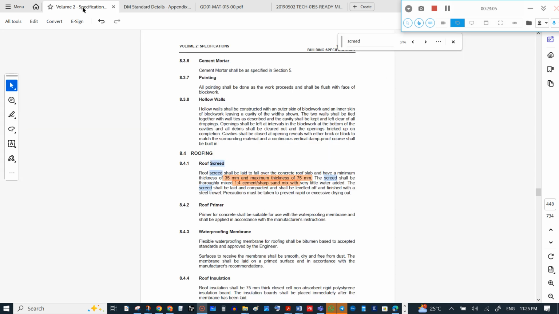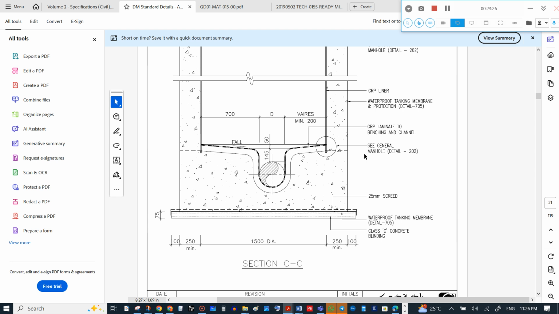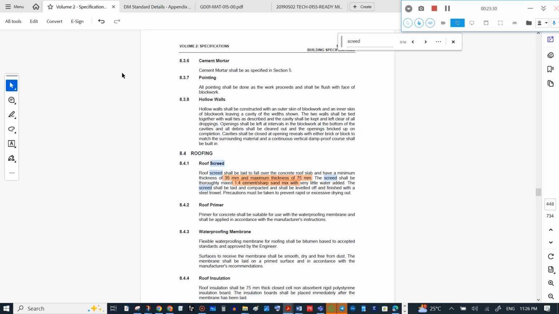The thickness is mentioned as 25 to 75, but in the DM standards drawing it is 25 screed only. Anyway, the mix is a 1:4 ratio, cement with sharp sand, with very little water added.